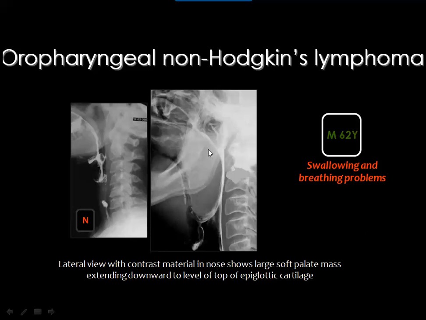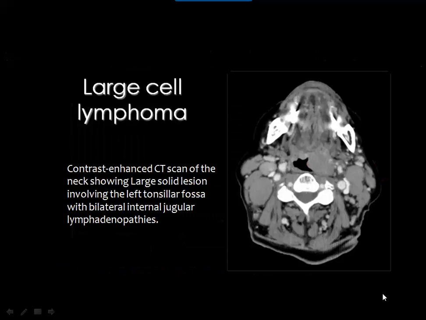In here you can see by this barium swallow there is marked stretching of the barium column over a very big mass here, affecting the region of the base of the tongue and the oral cavity. And you can compare this appearance to the normal configuration. This is the vallecula and this is the piriform sinus, which is markedly involved by the tumor.